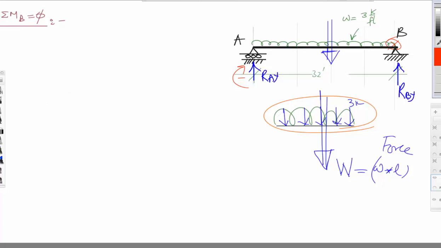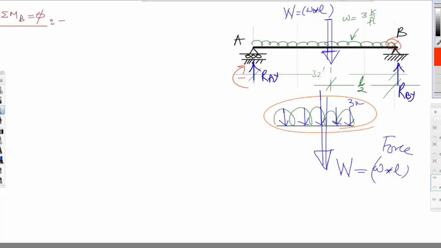So the rules for the uniform load: it will be replaced by uppercase W, which is the force, equal to lowercase w multiplied by L, and it will always be at a distance in the middle. Whatever this distance is, this is an important concept to understand because this will apply to the entire calculation also. So this will always be L by 2.